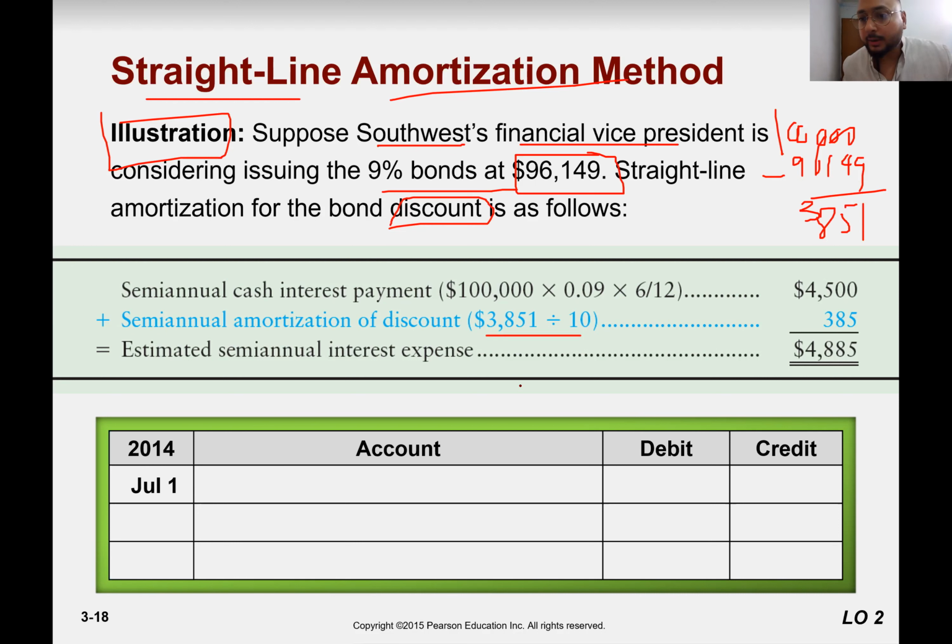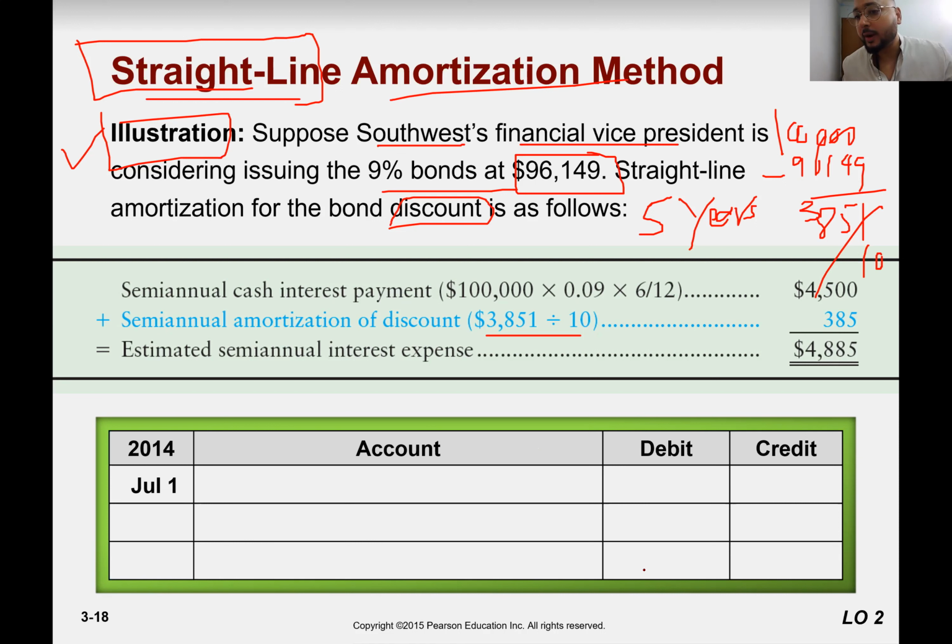So if you are using straight line, divide the number by the periods. We already know from our previous example of discount that this bond was issued for 5 years. 5 years means 10 payments of interest. So this discount is going to be spread over 10 payments.